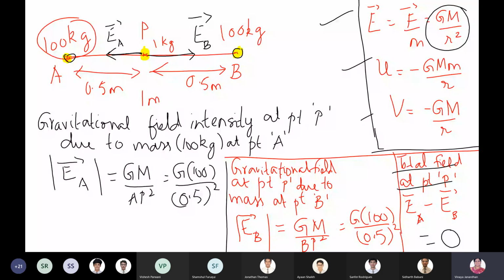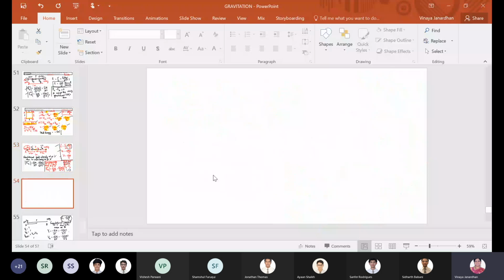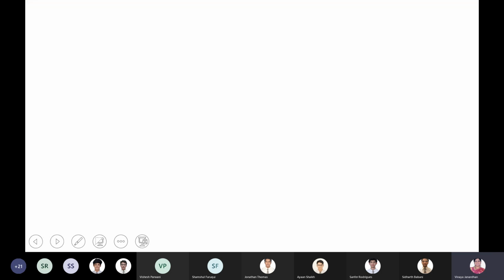Gravitational potential. I'll redo what is gravitational potential and then we'll start doing the numerical again. Now, what is gravitational potential? Suppose I have a body of mass m. Now this is going to create a gravitational field.